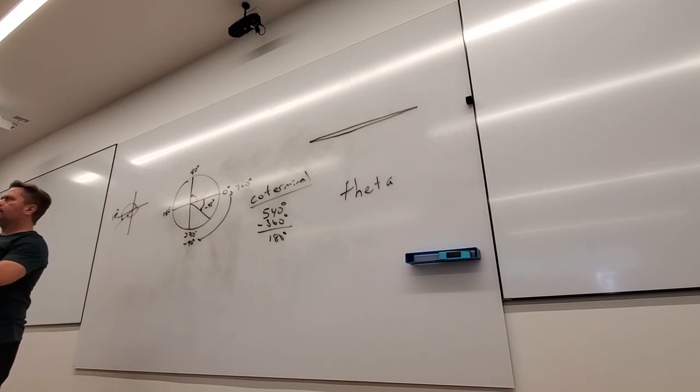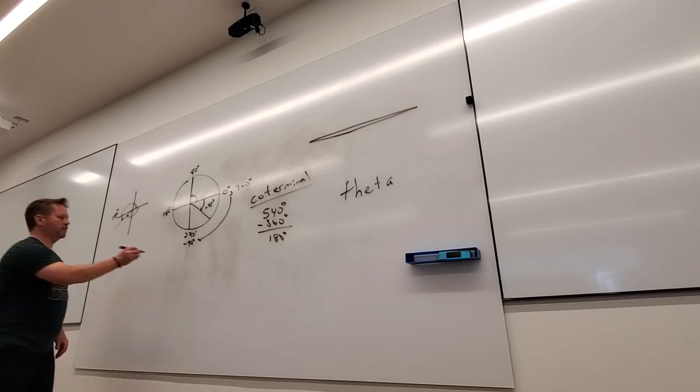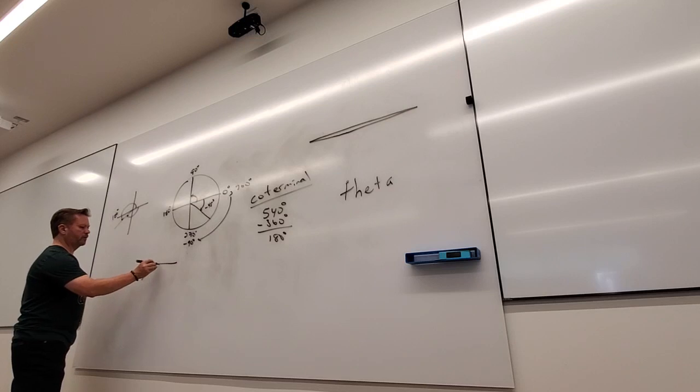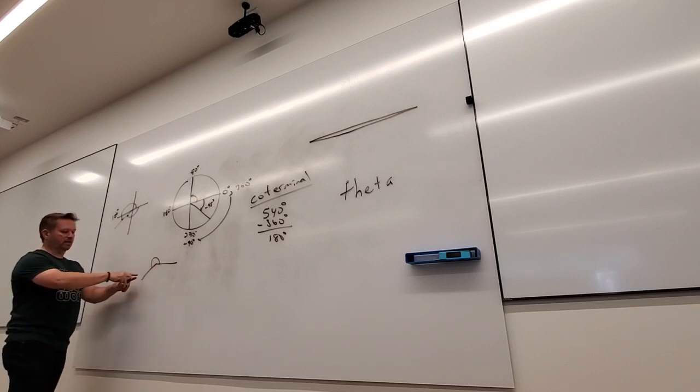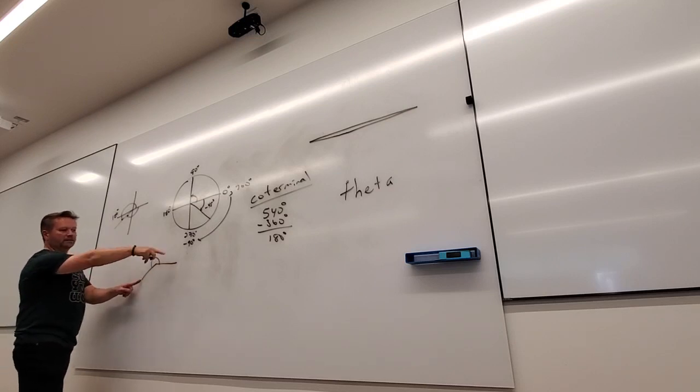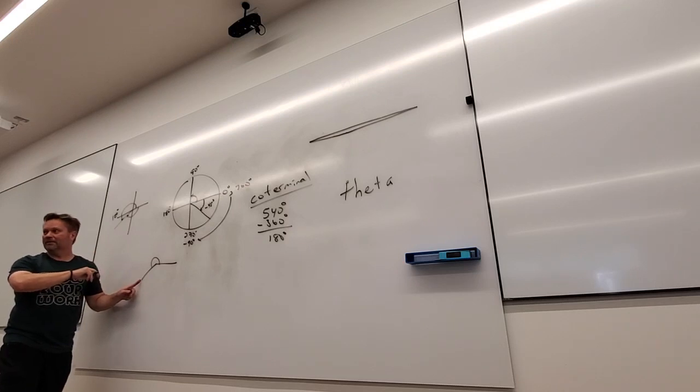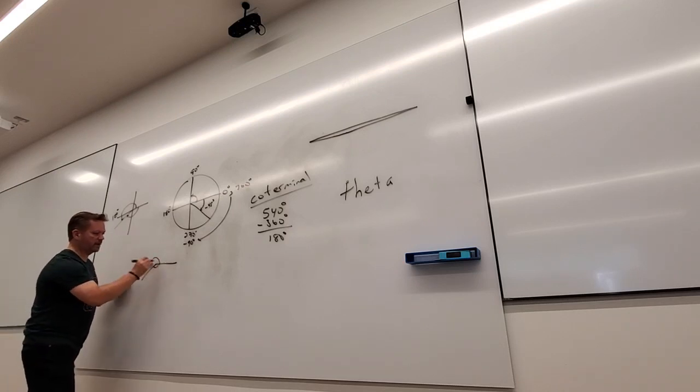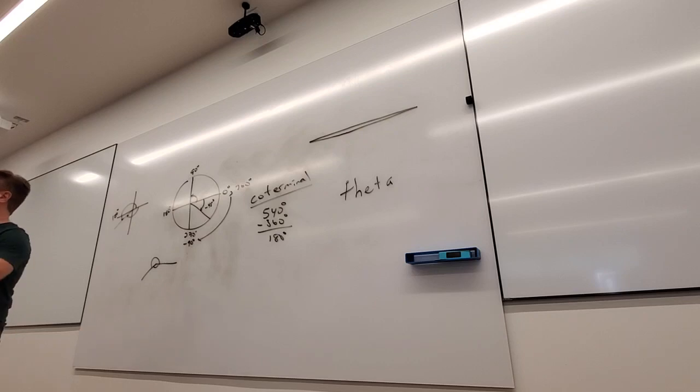But if I wanted an internal angle of a triangle to be more than 180, that's impossible. Does everybody agree this is more than 180 degrees? Can you connect this side and this side with a straight line? No. I would do it this way, but then I'm talking about this angle, which is less than 180. Okay, good.